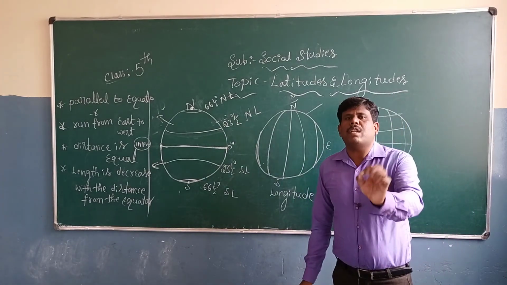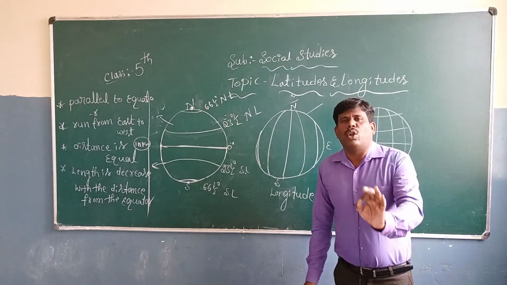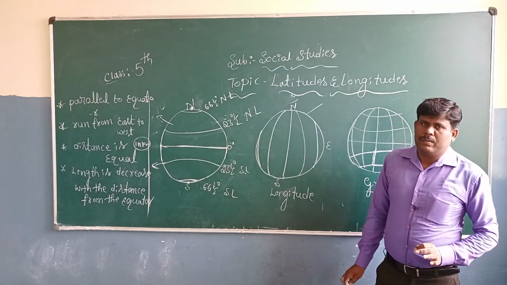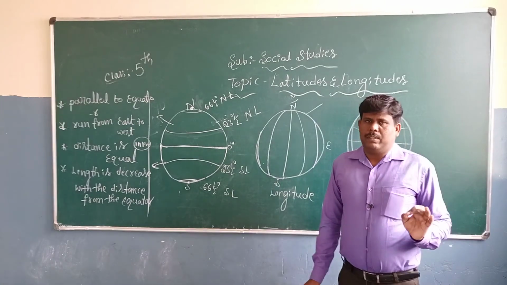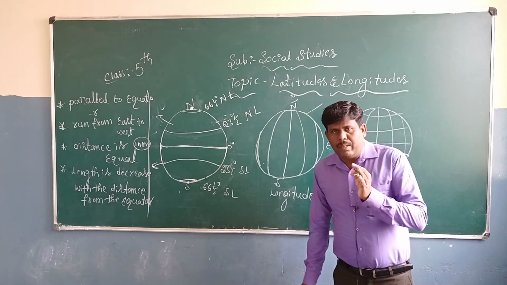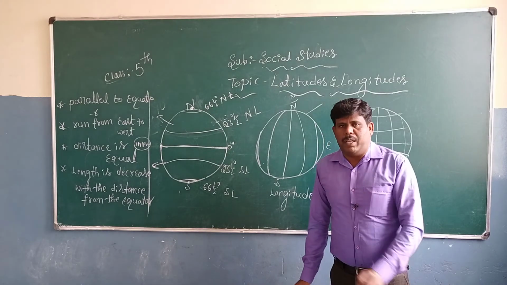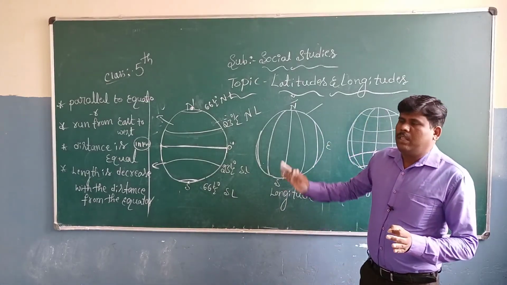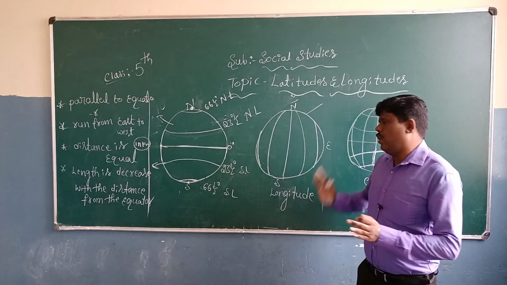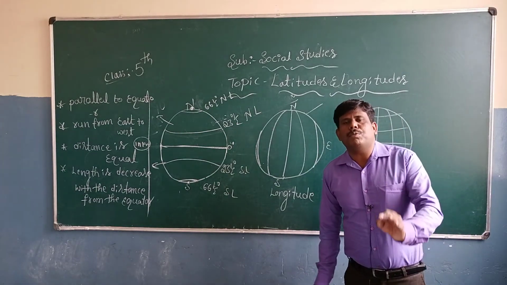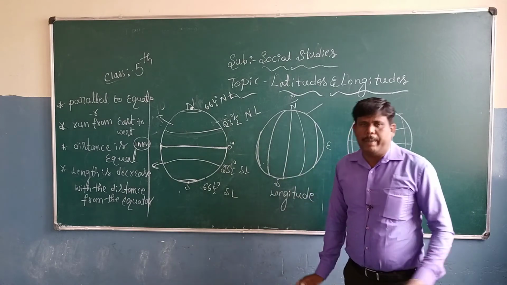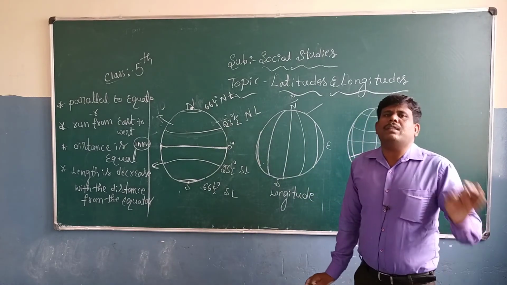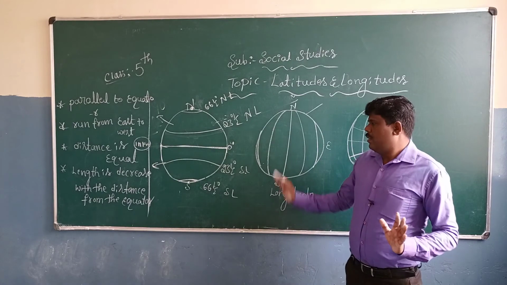This is the first line of longitude. To the east of this line is called the eastern hemisphere. To the west of this line is called the western hemisphere.